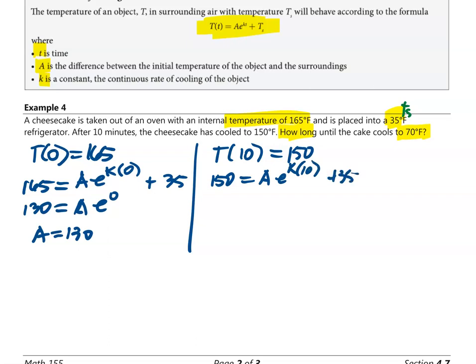A is now 130. Then subtract 35 from both sides. That is 115. And then divide both sides by 130.